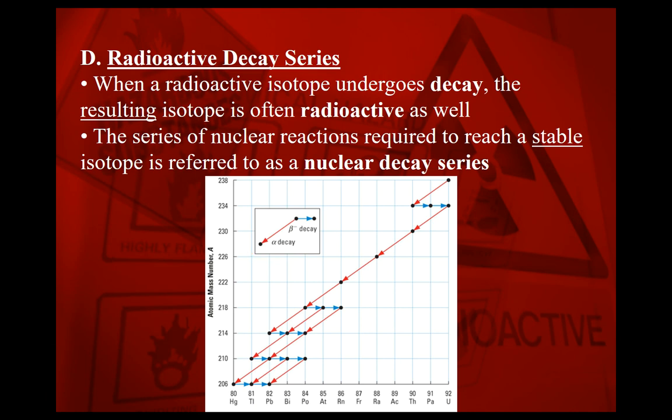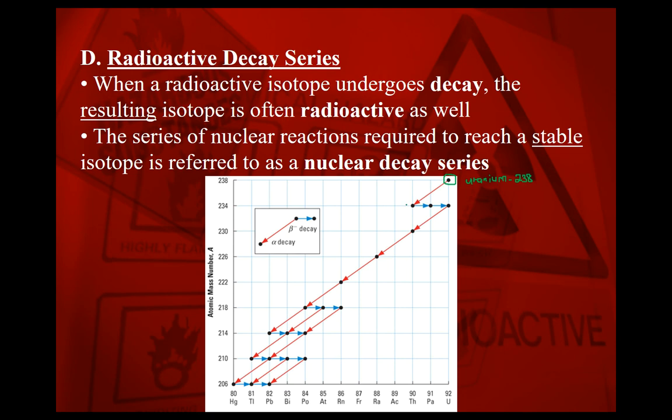In this illustration, I think we're starting off with uranium-238. Uranium-238 has lots of protons in the nucleus, not tremendously stable.